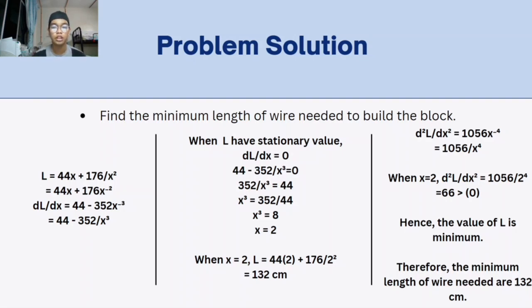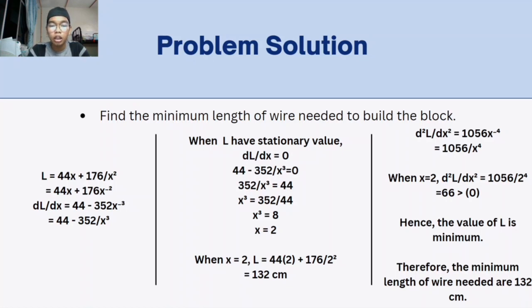Therefore, dL over dx is equal to 0. After that, we'll solve the equation and find the value of x, and this will give us x is equal to 2. Now, when x is equal to 2, we'll substitute that into the length of wire equation, and this will give us the minimum length of wire is equal to 132 centimeter.